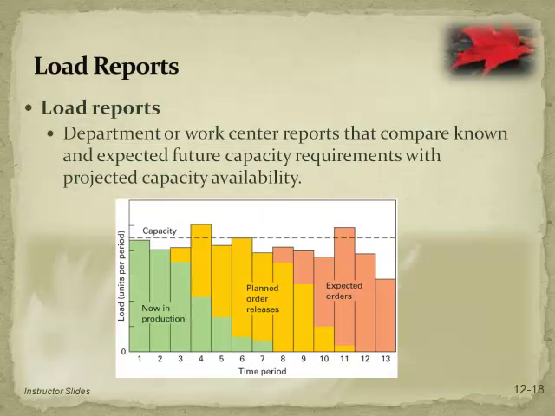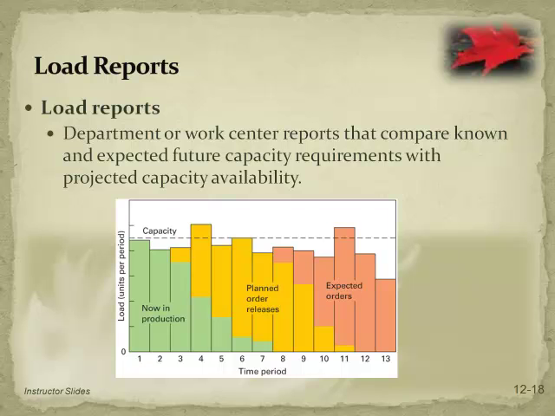In our capacity requirements planning, one of the things that will come out of the output is called the CRP report. If we take a look at the graph here, you'll see a dotted horizontal line that goes across the graph. That dotted horizontal line represents our available capacity for this particular work center or machine.